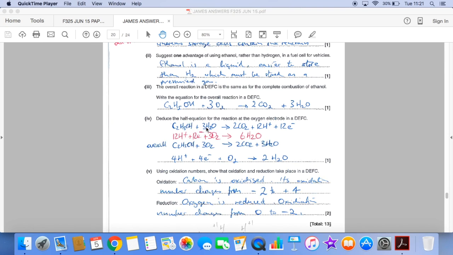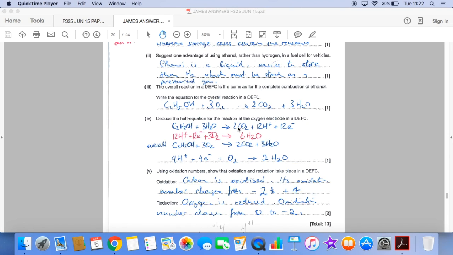We've got 3 waters on the left, but we need 3 on the right. So we need to get rid of them from that side and generate 3 on the other side. So if we put 6 waters on this side, that's going to do that for us. The overall equation contains 3 oxygens, but we haven't got them at all in this equation here, so we need to put them in.